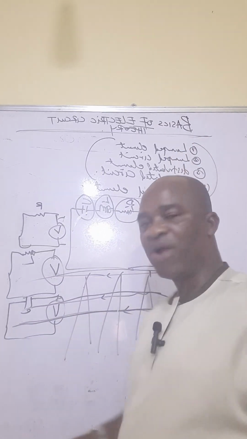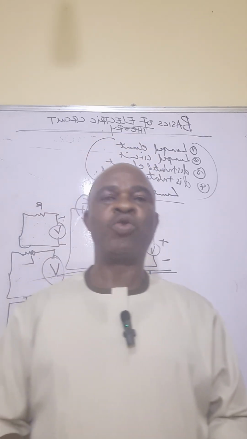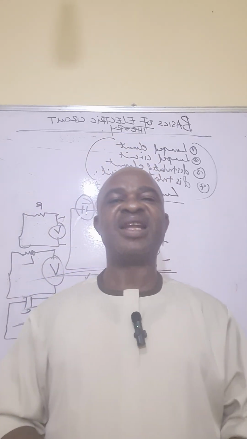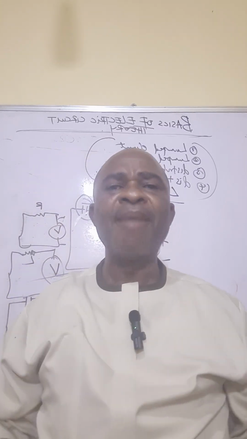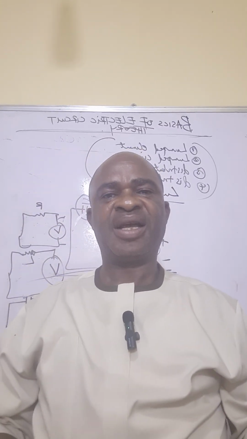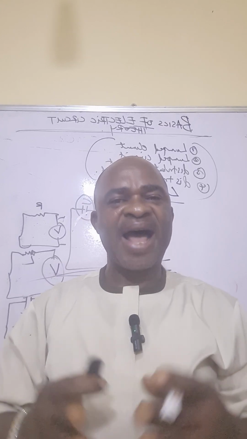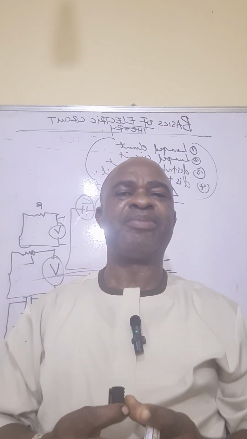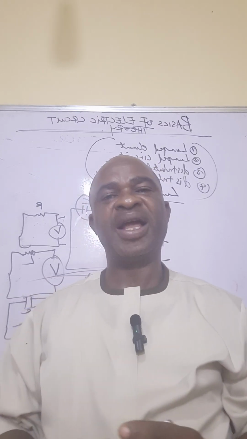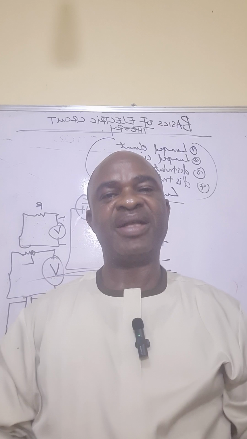Now, another thing we are going to look at is the major differences between lumped element and distributed element. One, in terms of size, the size of lumped elements is very, very small. They are negligible compared to the size of the distributed elements.